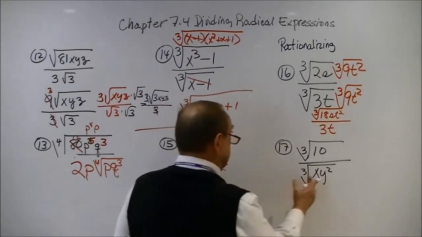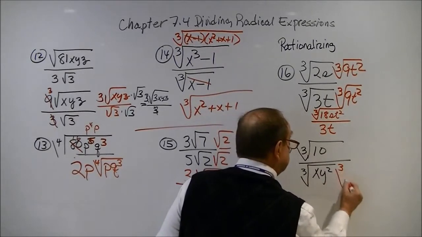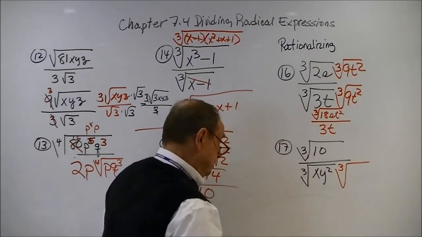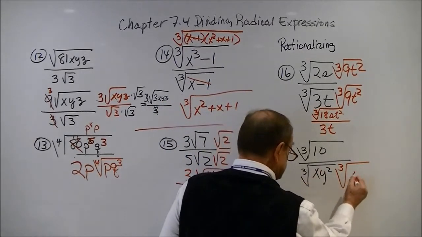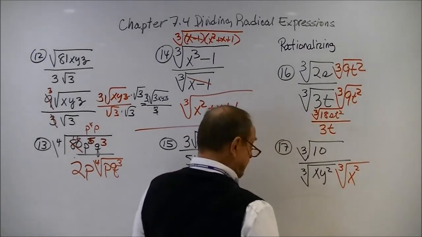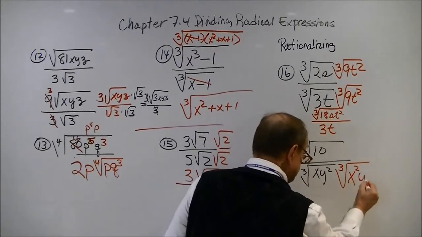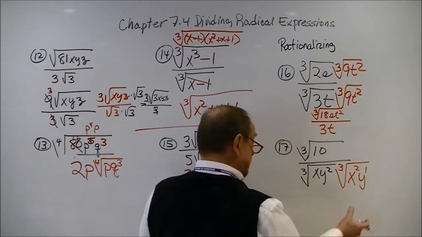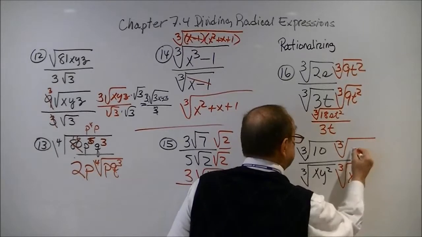And here the same applies. What do I have to multiply this by to make it a perfect cube? Well, this is x to the first, so I have to multiply it by x to the second. This is y to the second, multiply that by y to the first. And whatever I do to the denominator, I do to the numerator.